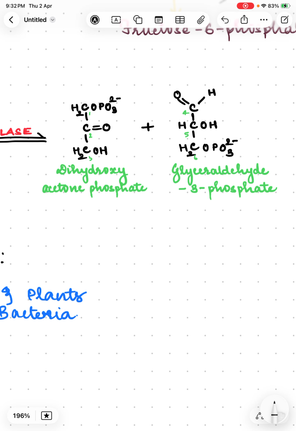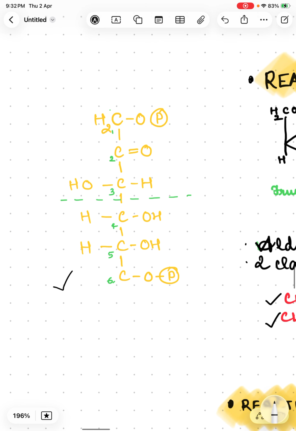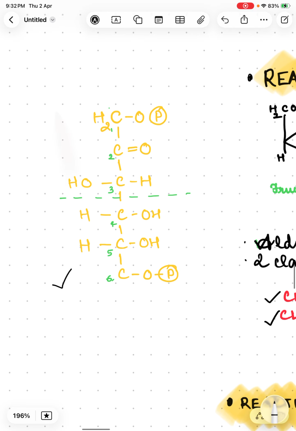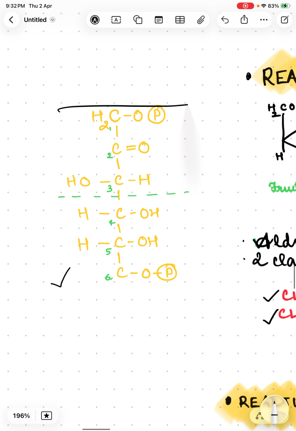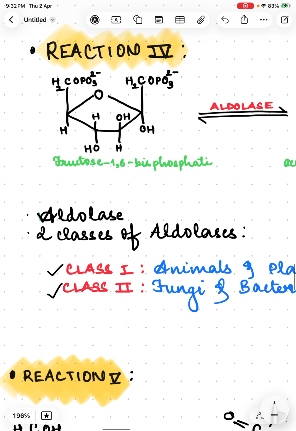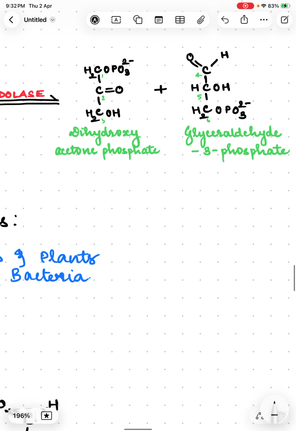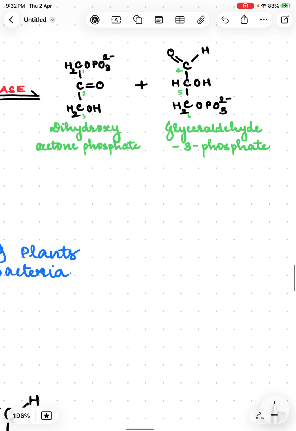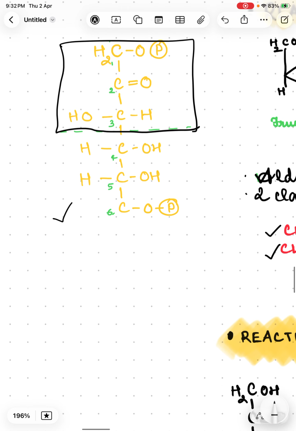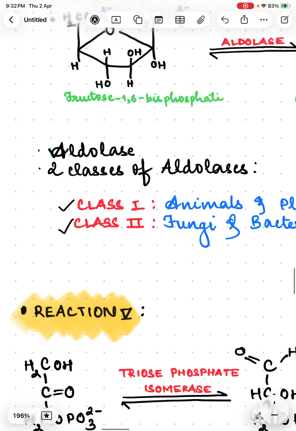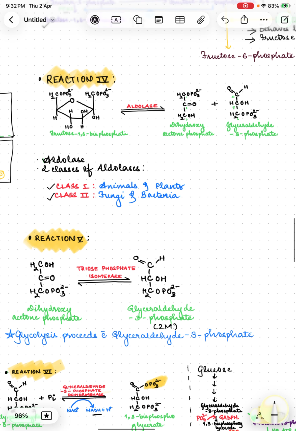Carbon number 1, 2 and 3 of fructose 1,6 bisphosphate get converted into dihydroxyacetone phosphate, and carbon number 4, 5 and 6 get converted into glyceraldehyde 3 phosphate. So please remember this, it will come in your exams.